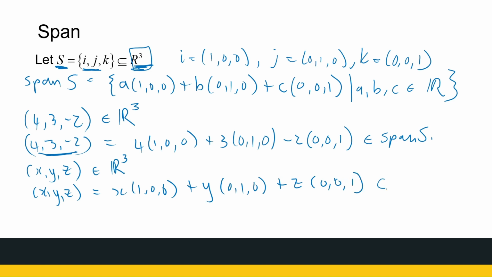So X, Y, and Z is also in the span of S. So what we can say is this set S spans R3, meaning any element of R3 is in the span of S. So if I look at linear combinations of elements of S, then I get the whole of R3.